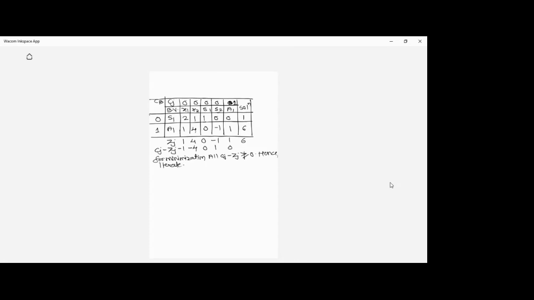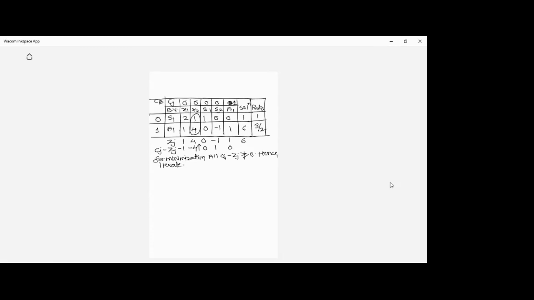So here we have to identify the key column. The key column is the one with the maximum value with a negative sign, so minus 4 in this particular case will be our key column. And for the key row we require the ratio value, right? So the ratio will be 1 divided by 1 which is 1, and 6 divided by 4 which is 3 by 2.